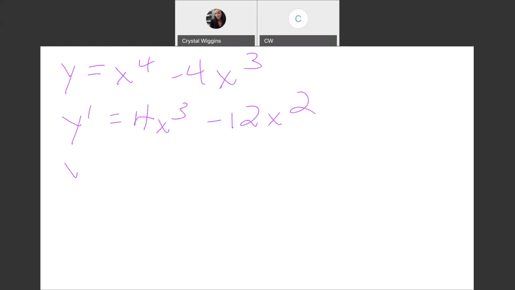Our original function was x to the 4th minus 4x cubed. Our first derivative was 4x cubed minus 12x squared. And our second derivative, doing the power rule again, is 12x squared minus 24x. So we're going to use this second derivative to determine concavity.